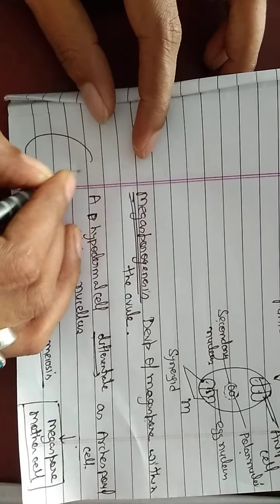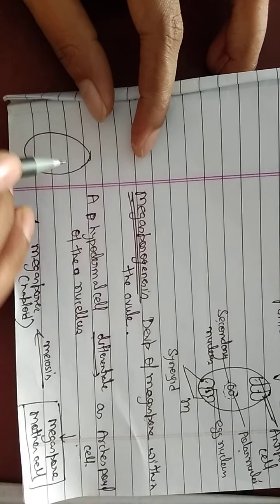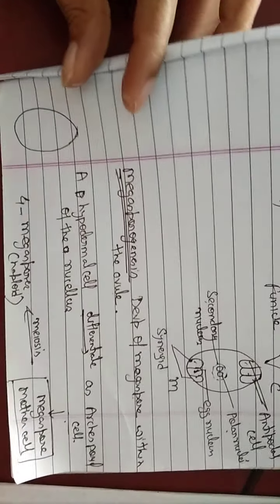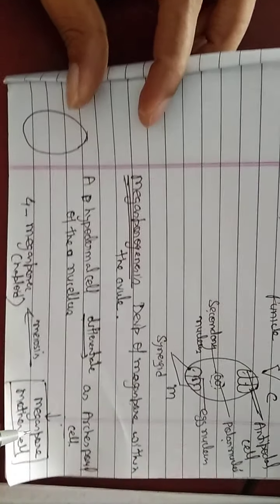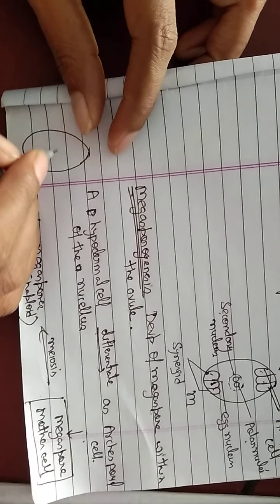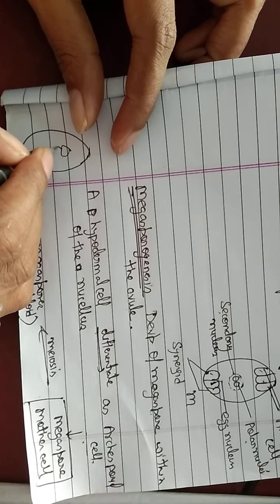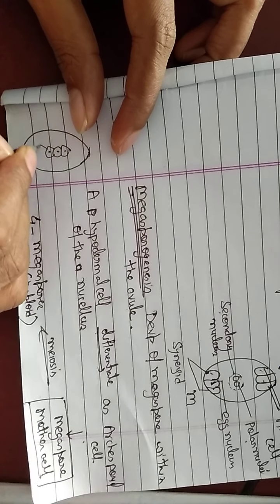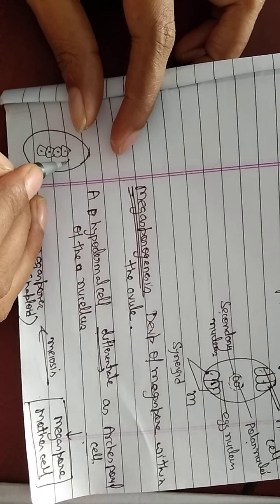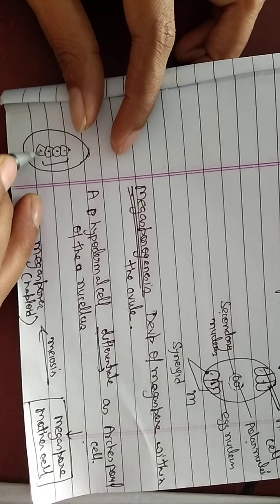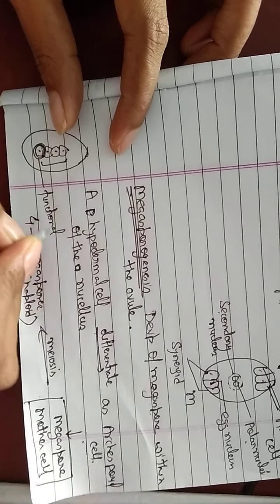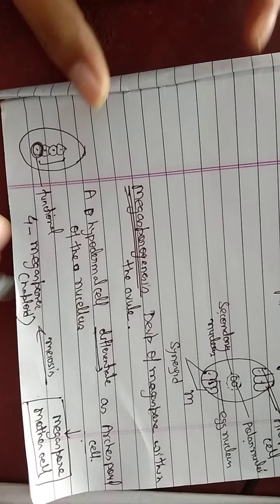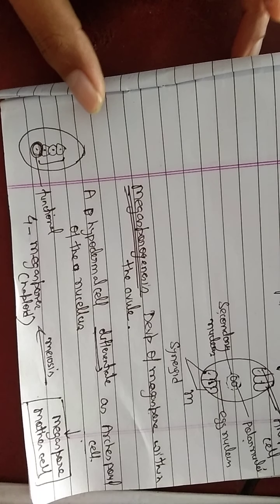The upper 3 cells disintegrate, and the lower megaspore becomes functional, while the rest of the 3 cells degenerate.